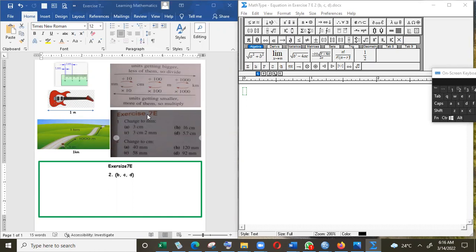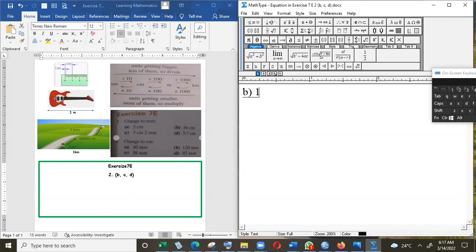So when you come to number 2, part B, it says change millimeter to centimeter. You're going to change from millimeter to centimeter.